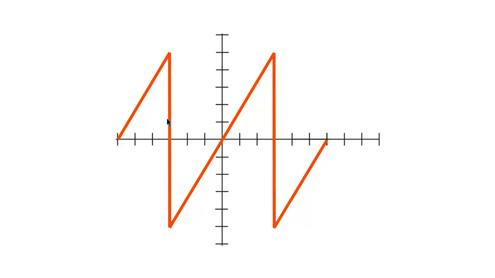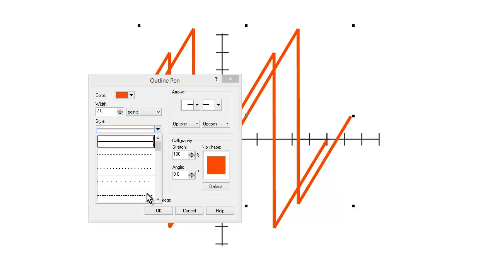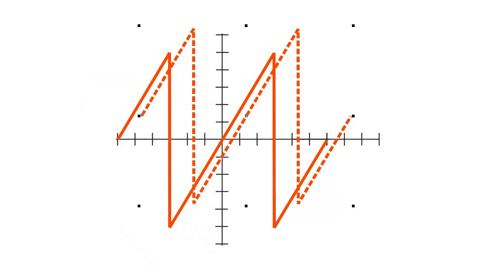So once again, I've shown two complete cycles here. Now let's make a duplicate of this. Then I will make it dashed once again as I did before so that we can distinguish between the two.